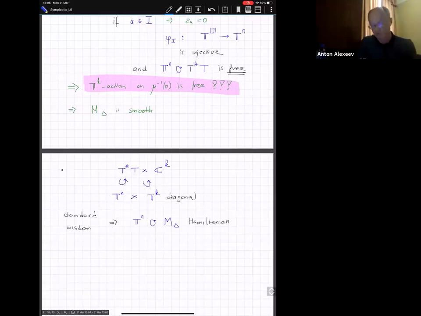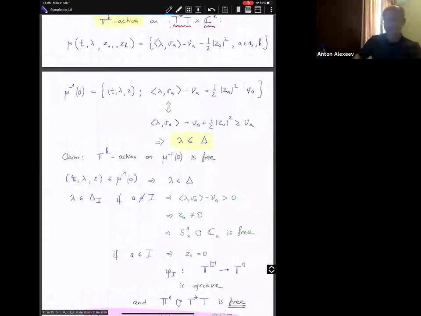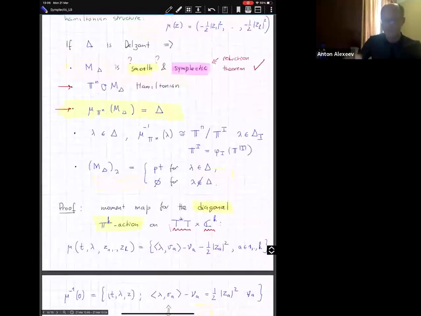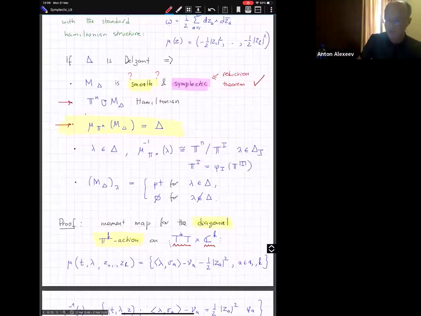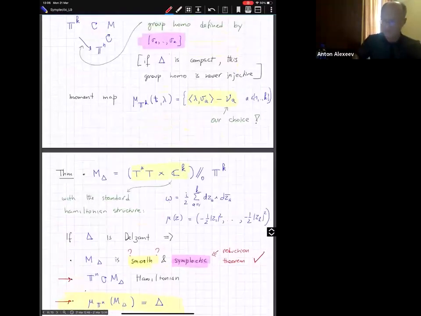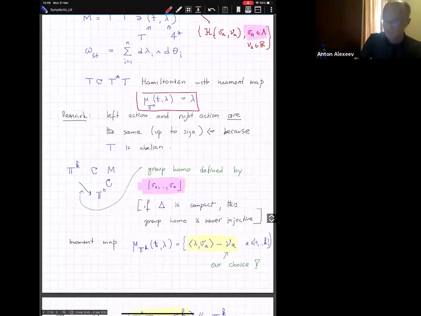on M delta. Now, what's the moment map? That depends a little bit how we choose it, right? That's of course a little bit a matter of choice, but we can simply use this formula if we want, right?